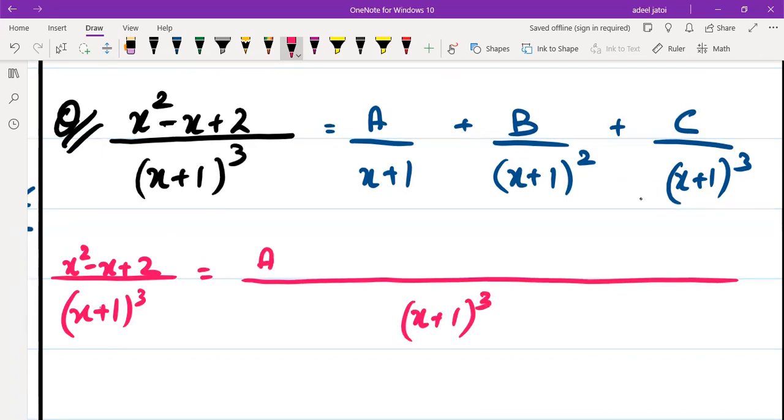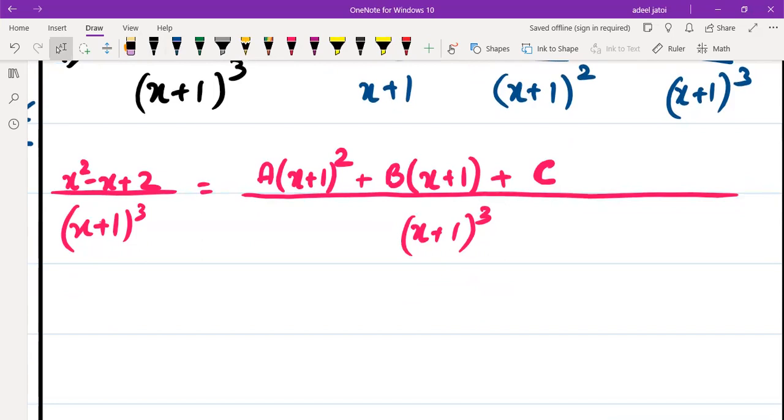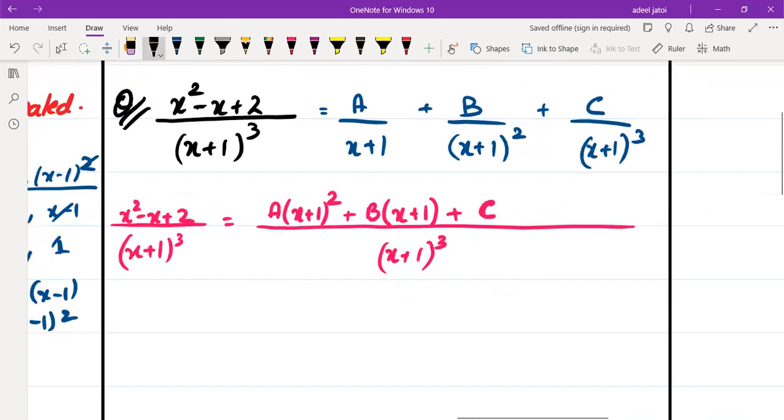So with a, we're going to write x plus 1 whole square, because x plus 1 cube divided by x plus 1, obviously we are left with only the square. Whereas with b, we write down x plus 1 only. And with c, nothing will come because x plus 1 cube divided by x plus 1 cube is cancelled out. Similarly, this denominator will be cancelled out as well.